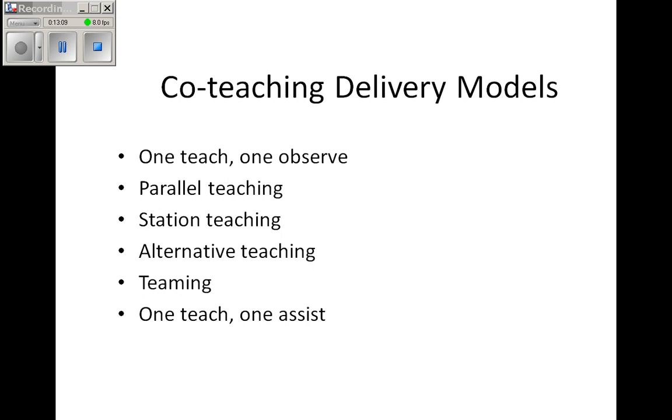I want to caution you also that you shouldn't just pick one style and that's all you do. You need to look at all of these different models, learn about them, and then mix it up. Work with your co-teacher and look at what the actual objective of your lesson plan is, and then say which of these models might work for us.